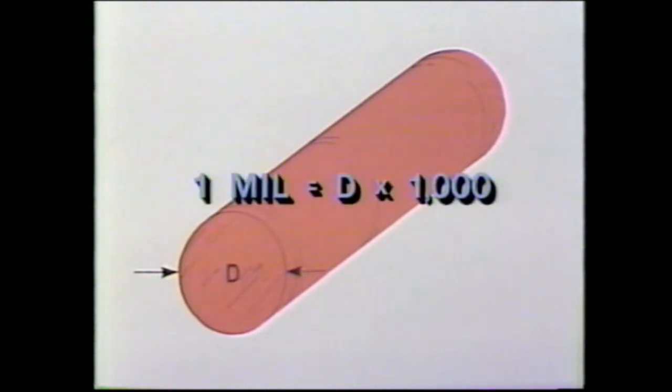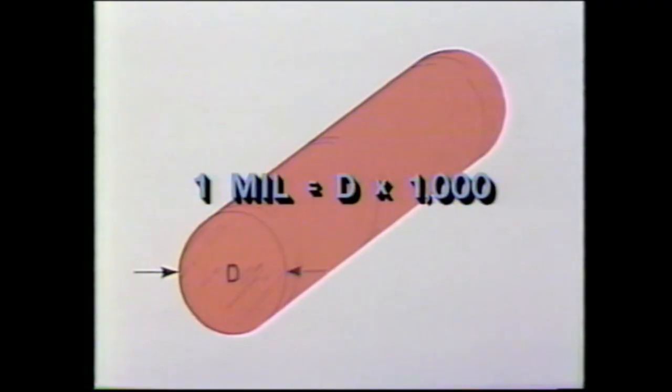So far, we've considered area measurement only in square units. However, it is often more useful to consider area in terms of circular units. The cross-sectional area of a piece of wire, for example, is measured in circular mils. A mil is 1,000 times a given measurement in inches.